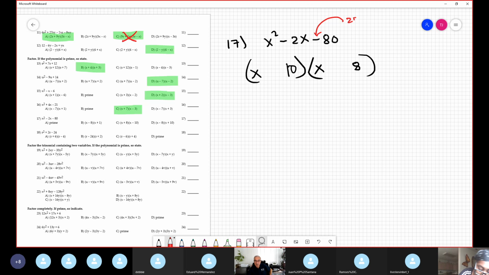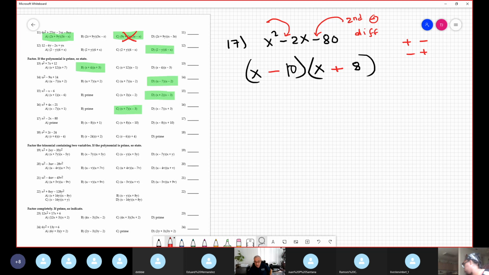When the second sign is negative, we expect different signs, so we have plus minus or minus plus. And the first sign always indicates the sign of the bigger number, which is 10. Entonces, 10 is negative and 8 is positive.